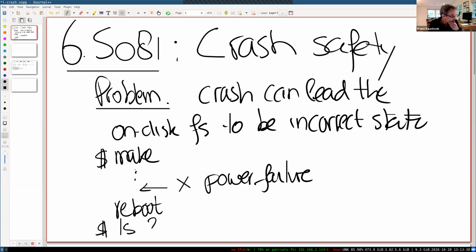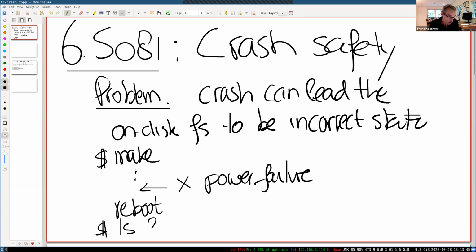And you might be thinking, well, how could that not be the case? Because the file system is stored on a persistent storage medium, so if the power fails, the medium should be good, and when the machine comes back up, all the blocks that you've written should be there.